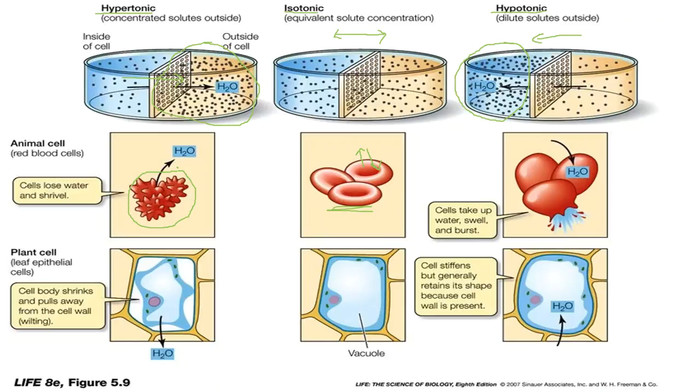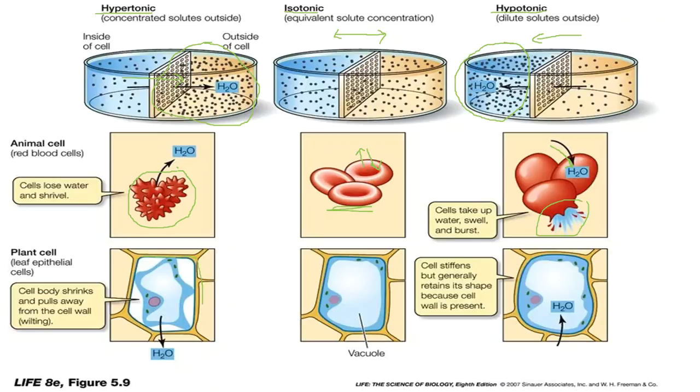If water is going to move into the cell, my cell size is going to gain mass, and it's going to swell. And this is also a problem because it can swell so much that it bursts and breaks the cell.